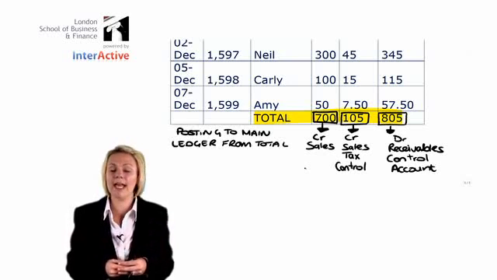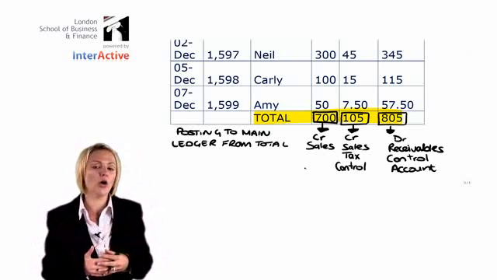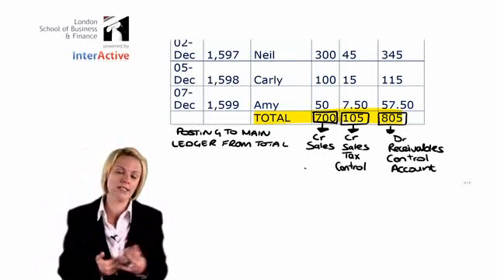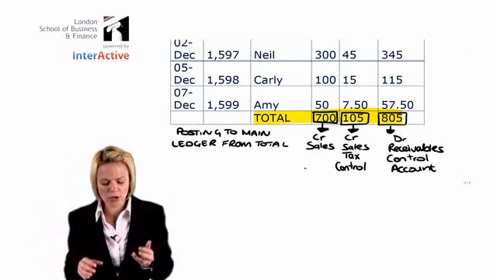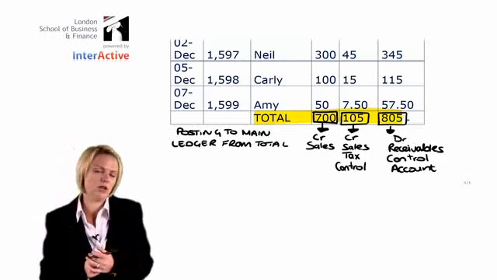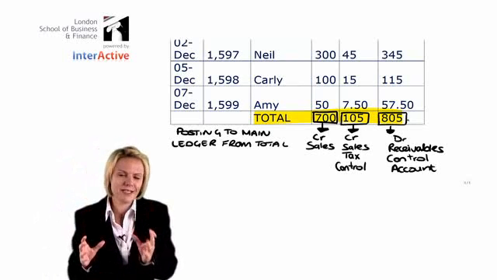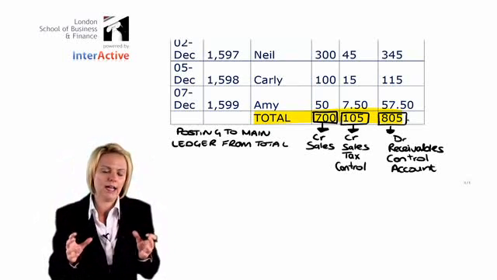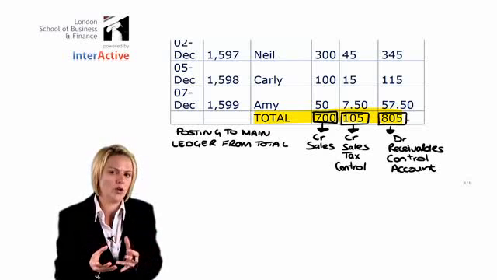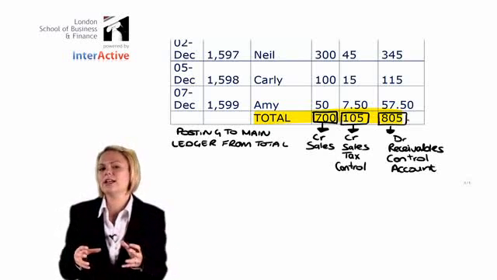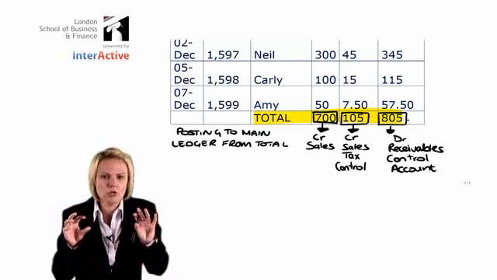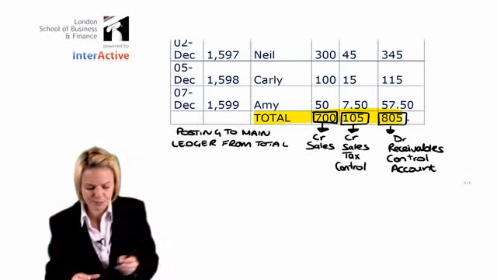So as a result, to maintain control over our credit customers, our receivables, we've got to break down that debit of $805 into the control account, into the subsidiary ledger. Okay, remember we talked about that in the last recording. Remember, the subsidiary ledger shows individual customer accounts.